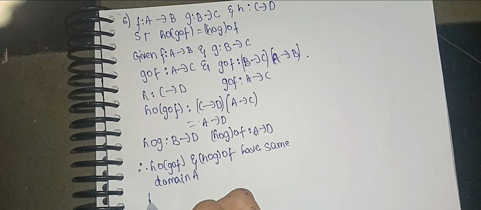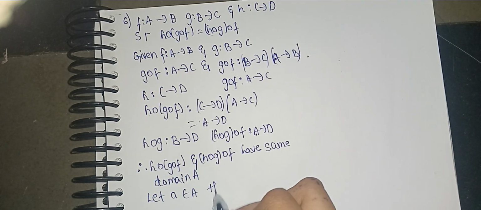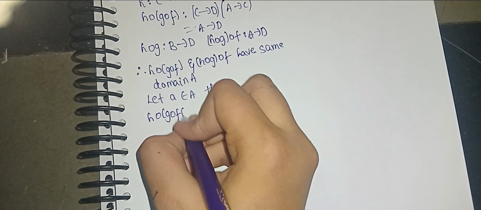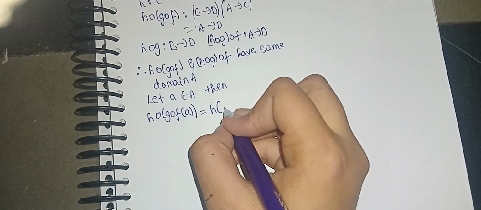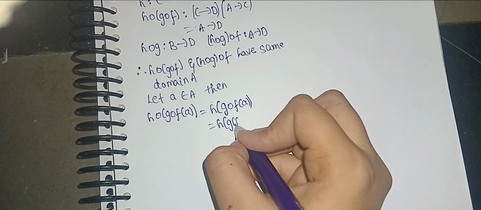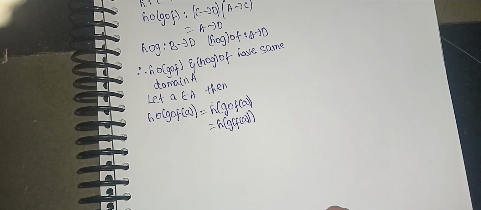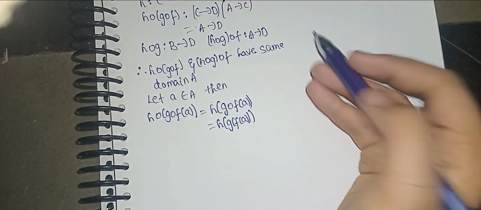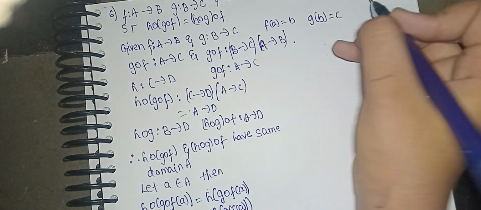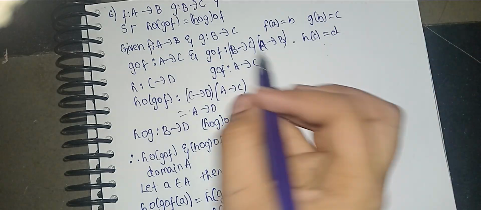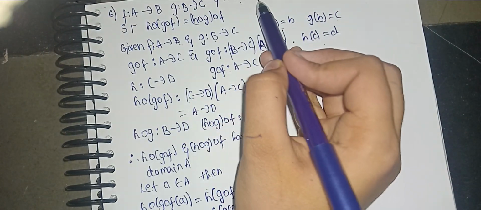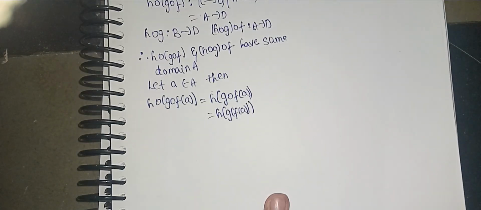Then let A belongs to A. Then H circle, G circle, F of A is equal to H of G circle F of A. It is H of G of F of A. Here F of A is equal to B, G of B is equal to C, H of C is equal to D. Here input is A, output is B, input is B, output is C. Here input is C and output is D. You know, right?